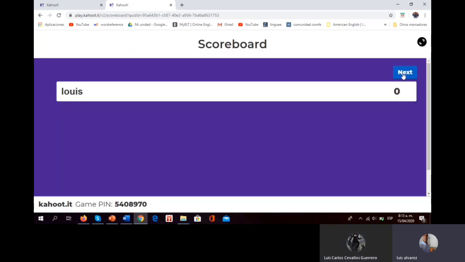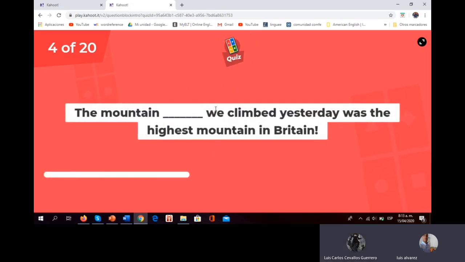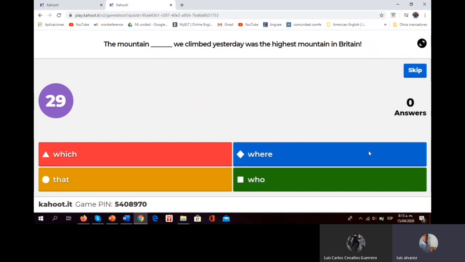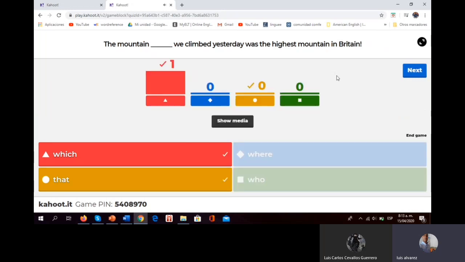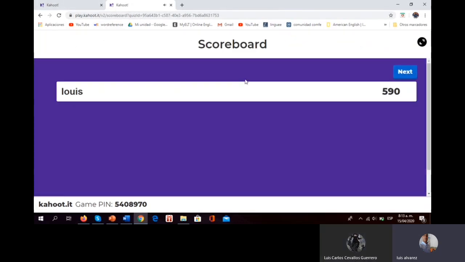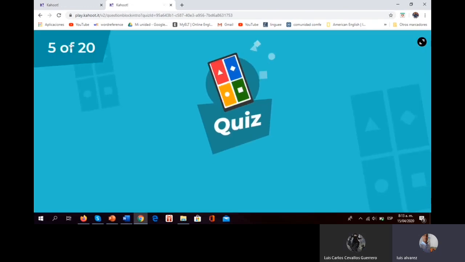This is the other one. The mountain we climbed yesterday was the highest mountain in Britain. Which, that, where, or who? Which? All right, let me guess. Yes, the answer was correct. Very good. So number 5.